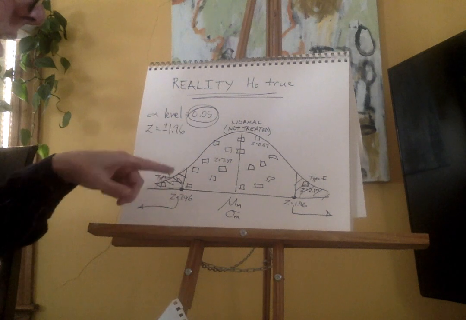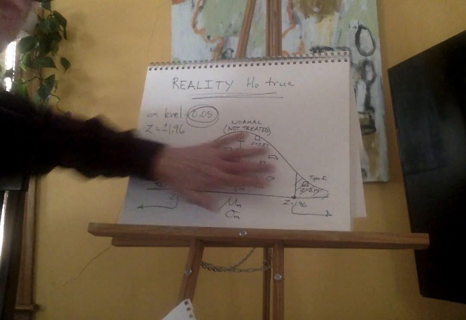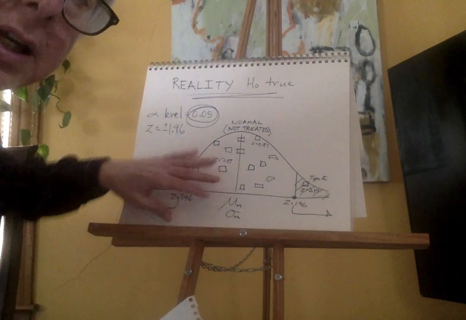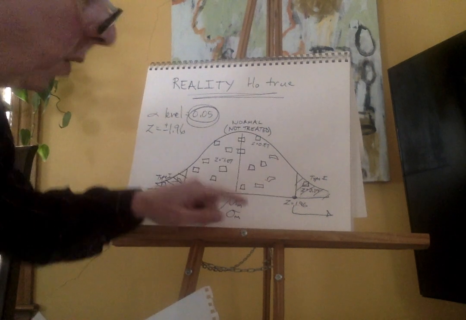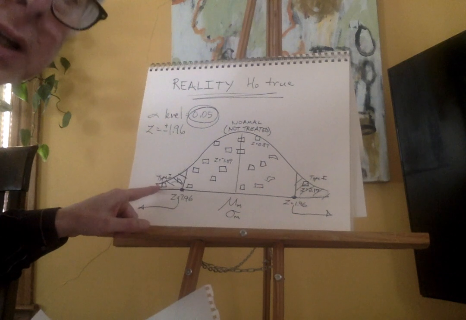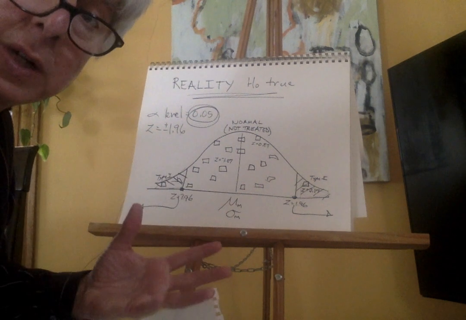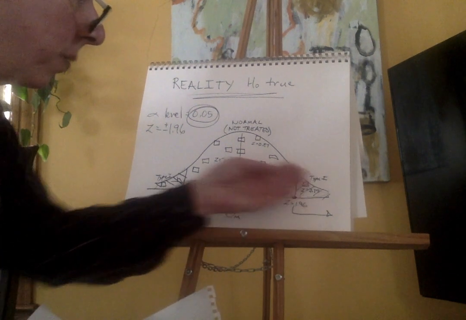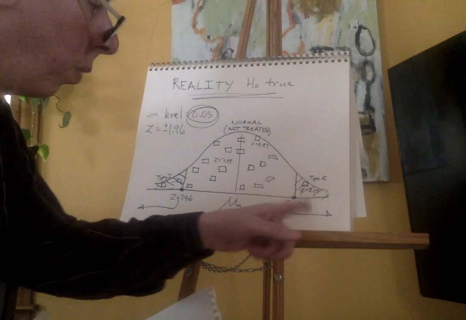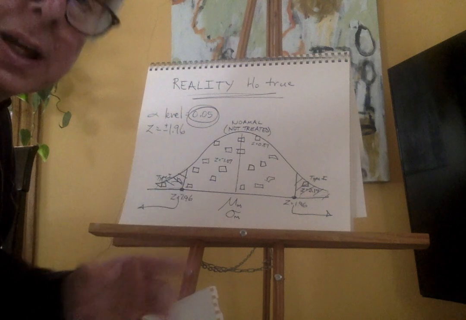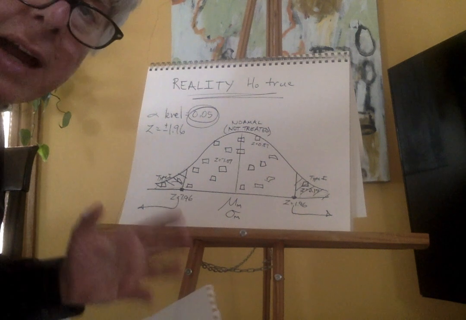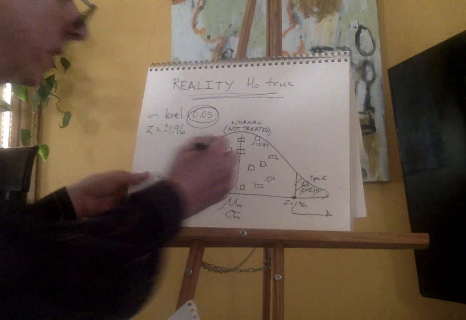What we're saying is, listen carefully, okay? Even when none of these people are treated, once in a while, I'm going to get a sample that looks like it was treated. That's why we have to be careful, okay?